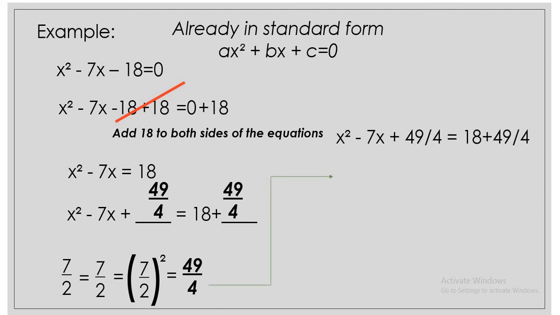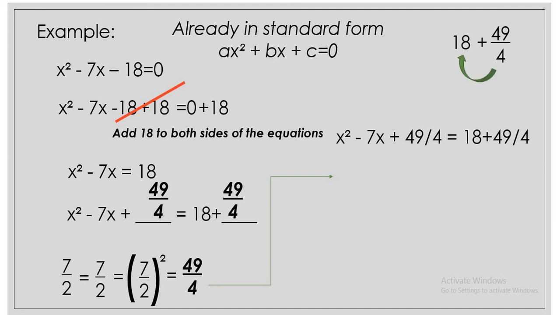Then the equation will become x squared minus 7x plus 49 over 4 is equal to 18 plus 49 over 4. Now let us simplify 18 plus 49 over 4. How will you add a whole number to a fraction? Let's take a look. 18 plus 49 over 4.